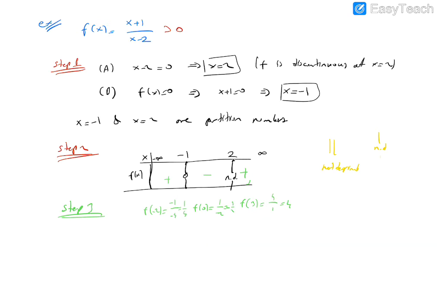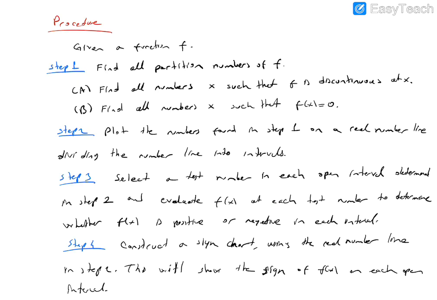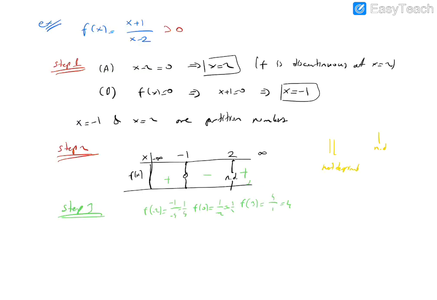Okay. So we make the sign chart according to the test points, because we know on each interval either this is positive or negative. And we construct the sign chart using the real number line from step 2. This shows us the sign of f of x. So from that, step 4, we can say that f of x is bigger than 0 for all x in the intervals minus infinity to minus 1 and 2 to infinity.